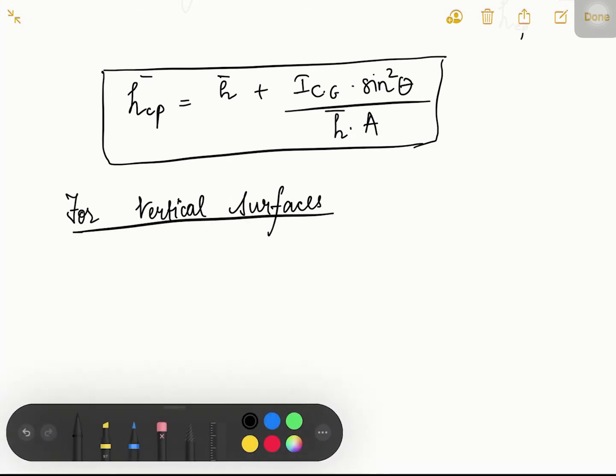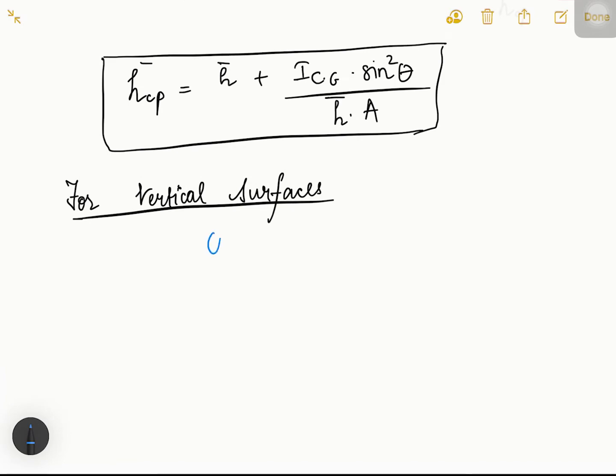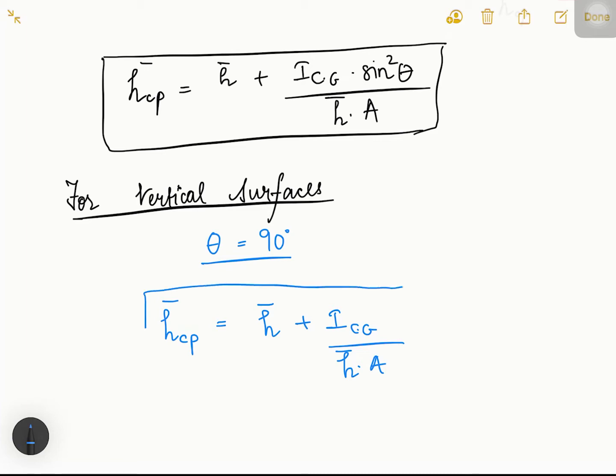First of all, theta here will turn out to be 90 degrees, and since the plane is vertical, this HCP value comes out to be H bar plus ICG for that particular plane, whatever the plane may be, by H bar times area of that plane. So this is the formula for vertical surfaces.